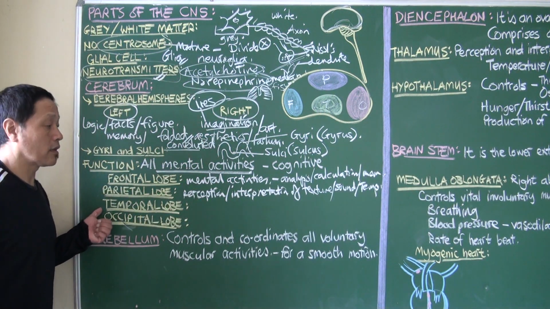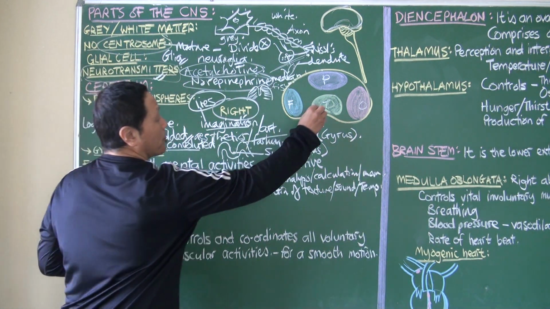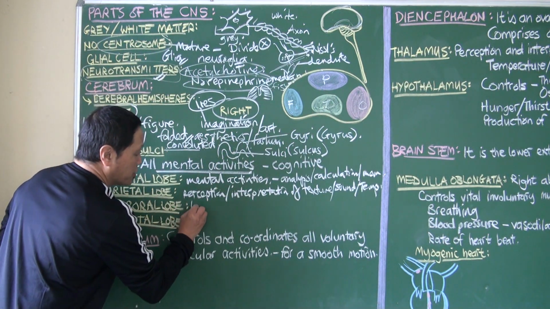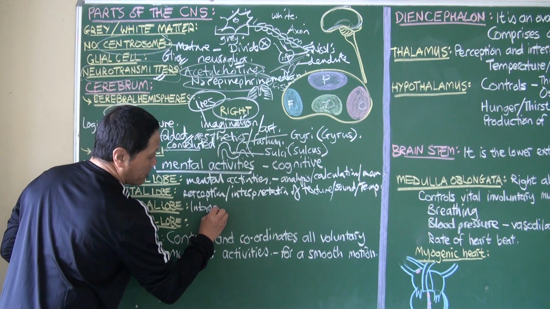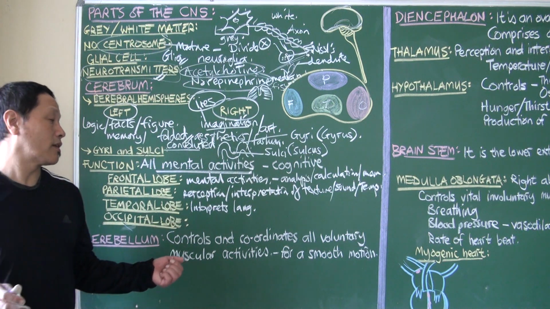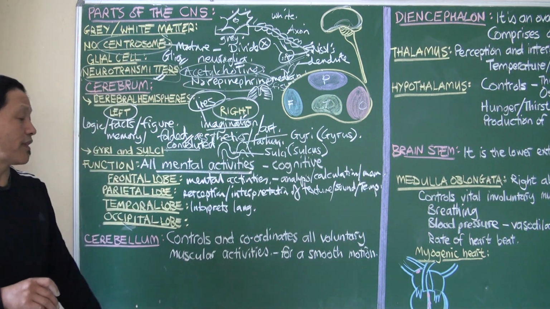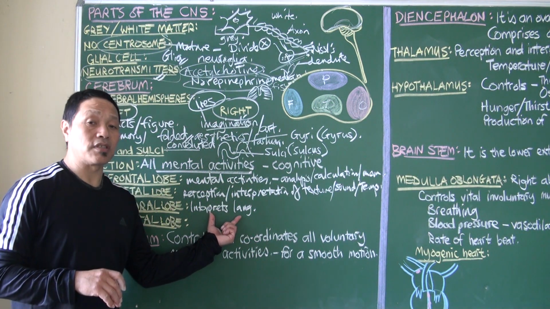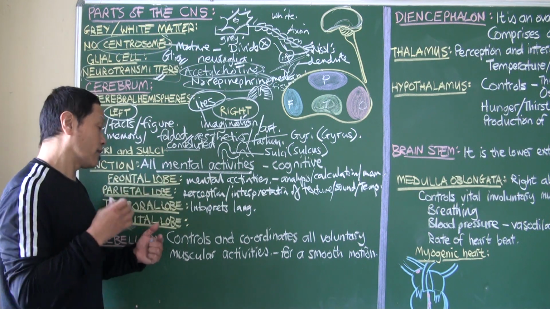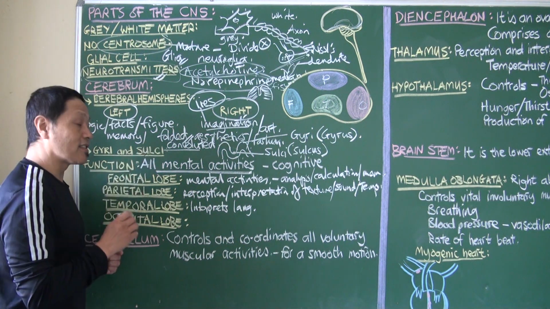Temporal lobe is this one. That's the part which actually interprets language. A person is able to speak 3 or 4, probably more than that, different languages, and he has to sort out all those words into a meaningful sentence.